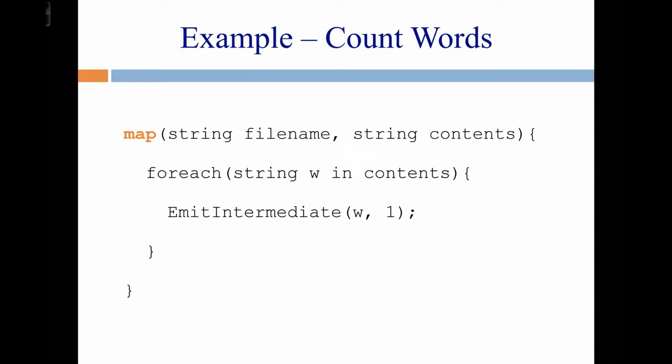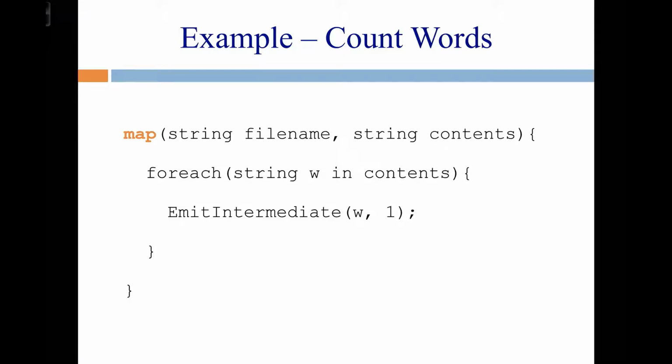So as an example, here's the word count example in actual code, pseudocode. You write a function map. The input is file name, file contents. So that's key value. And you just, for everything in that file, if we're dealing with text, which we are for word count, you can imagine there's some kind of split on the words, like split on white space or whatever, which I'm not showing, but that's trivial.